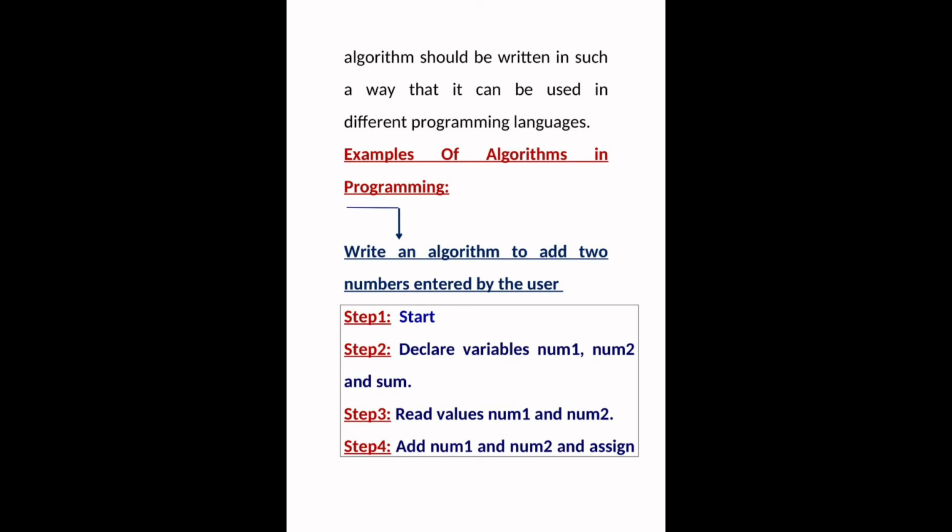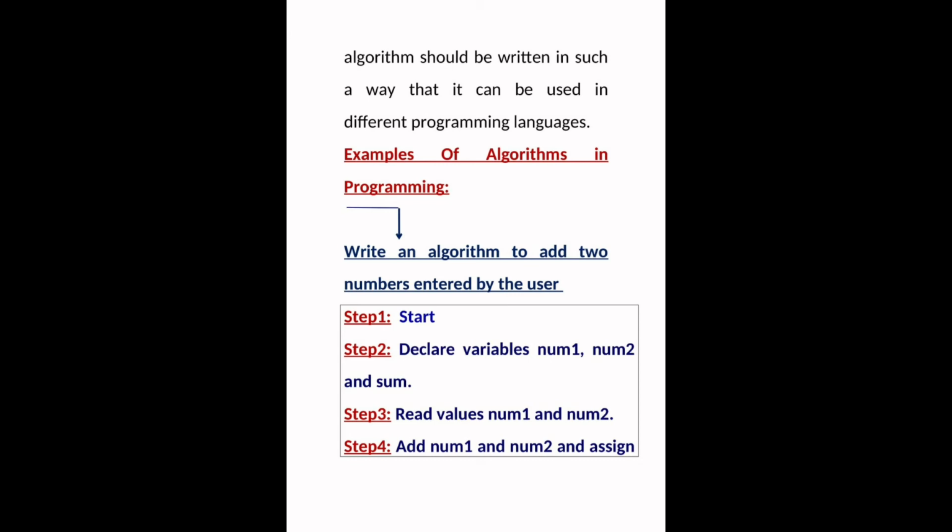Our next topic is examples of algorithms in programming. The program is built with algorithms. A program is a set of instructions. An algorithm is a set of instructions in sequence to solve a particular problem.